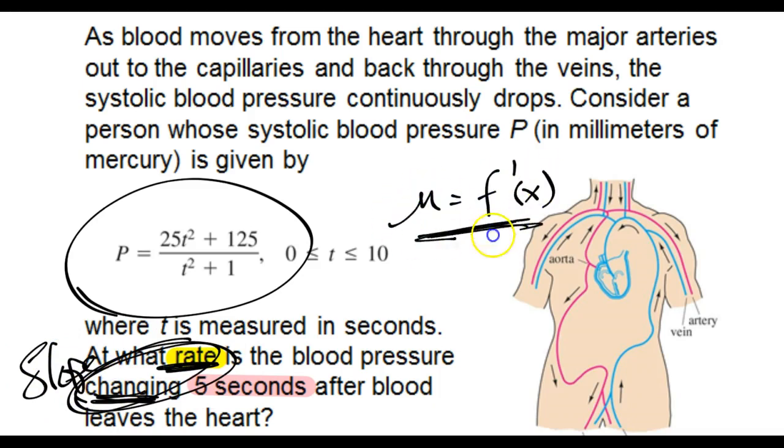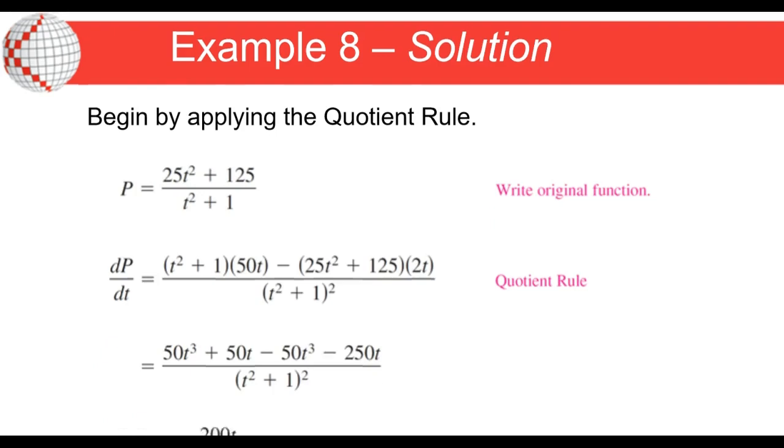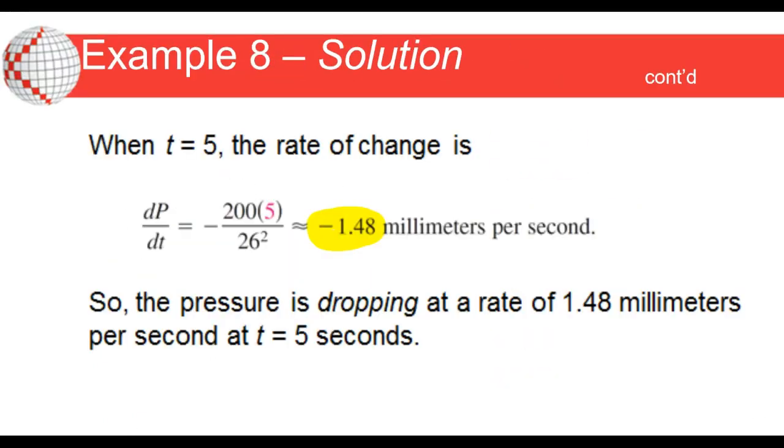So if you know that the rate of change means slope, and to find the slope, we take the derivative and evaluate it at that point, you've learned the lesson. So go ahead and find p prime, and then evaluate p prime at 5. And you'll be done with that problem. So here's the worked out solution for that, and there's the answer, approximately.